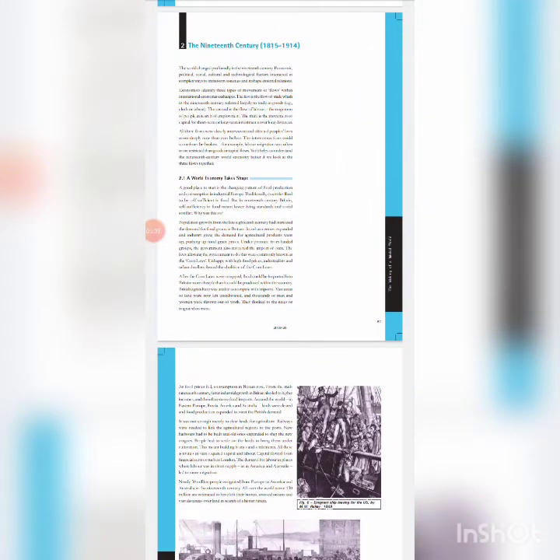Now, the 19th century, 1815 to 1914. In the 19th century, economic, political, social, cultural, and technological factors interacted in complex ways to transform societies and reshape international relations.